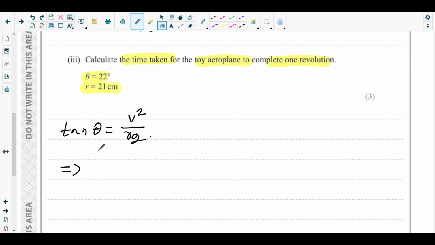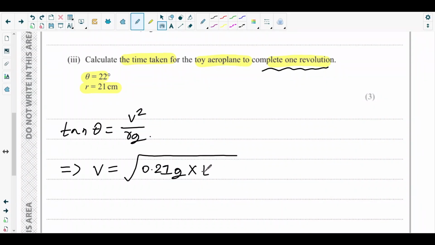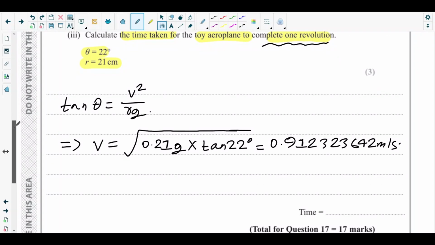So let's find the orbital speed. v is the square root of 0.21 meter times g times tan 22 degrees, which gives 0.912323642 meters per second.